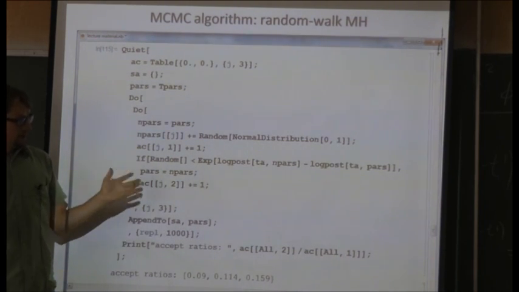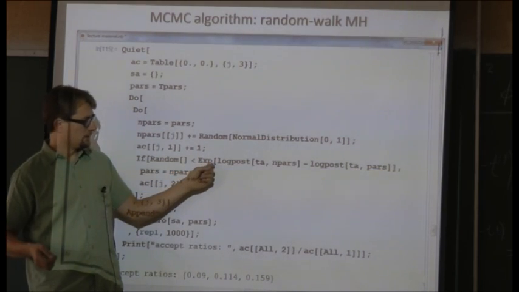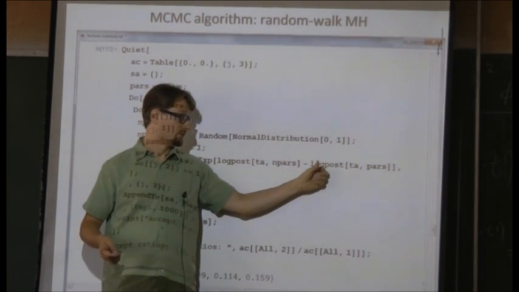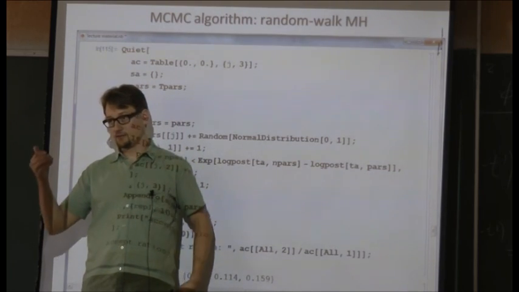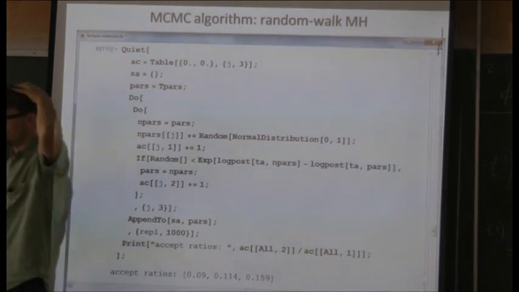Then I calculate this acceptance ratio, which is the logarithm of the posterior at the new values minus the logarithm of the posterior at the old value. The part with the proposal density cancels out because my proposal distribution is symmetric.